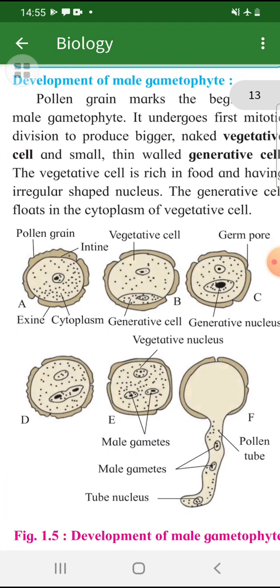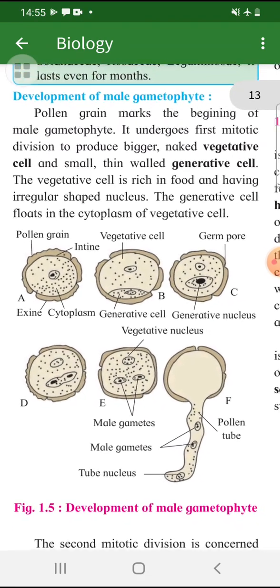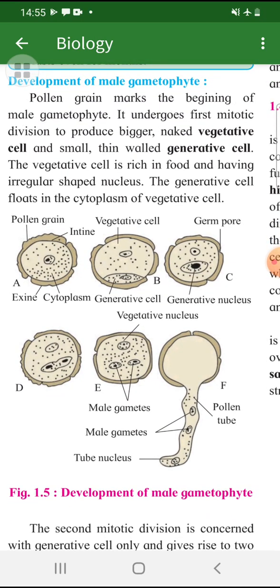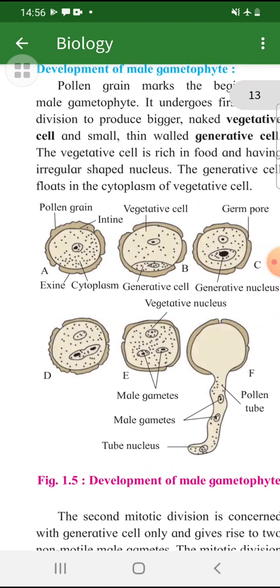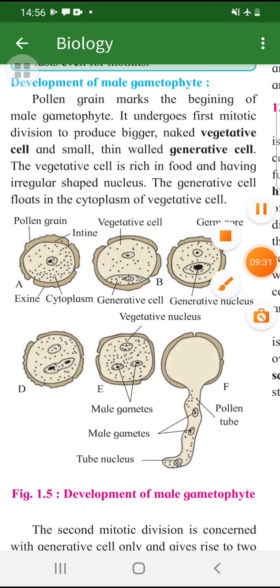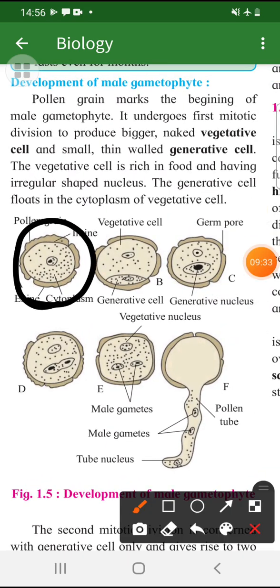How do they develop? So when you talk about pollen grain, we'll go to page number 4 that says, how do the male gametophyte develop? We were talking about microspore, okay, pollen grain. अब pollen grain के अंदर male gametes कैसे बनते हैं, that we are going to learn. So basically this is one single pollen grain.